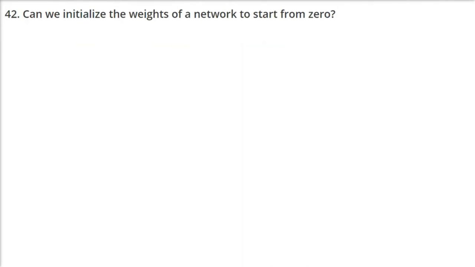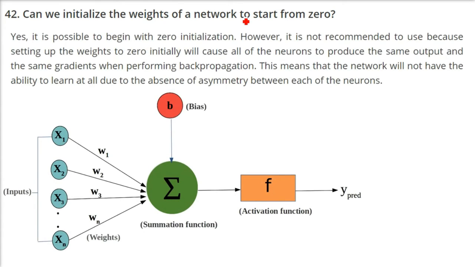Can we initiate the weights of a network to start from 0? Let me first give you the scenario if we give 0. Initiate weights with 0: W1 is 0, W2 is 0, and till Wn we have given 0. So what do you get in this input? X1 into W1, x can be anything, but you get 0.